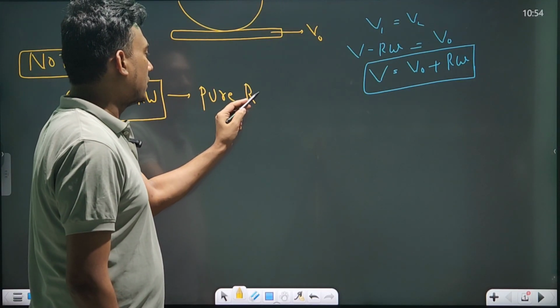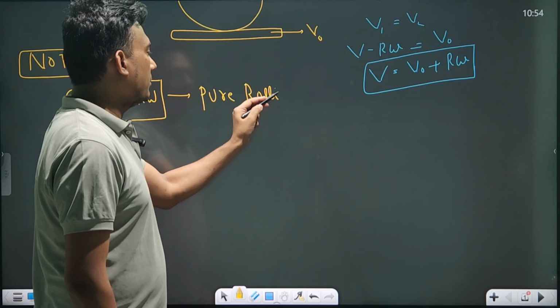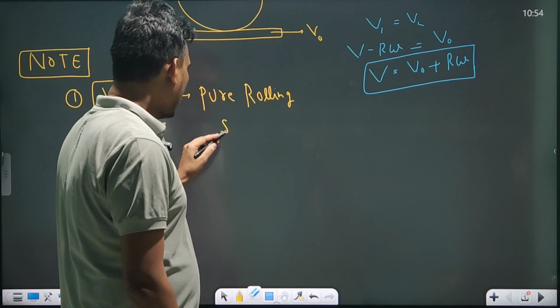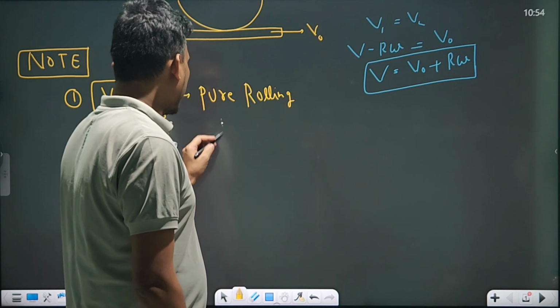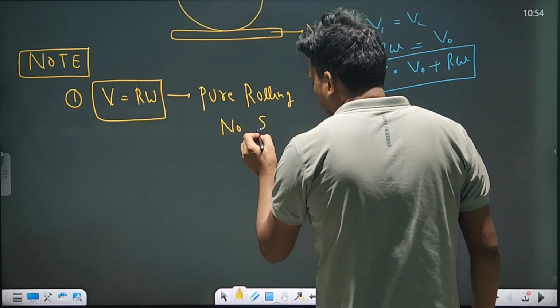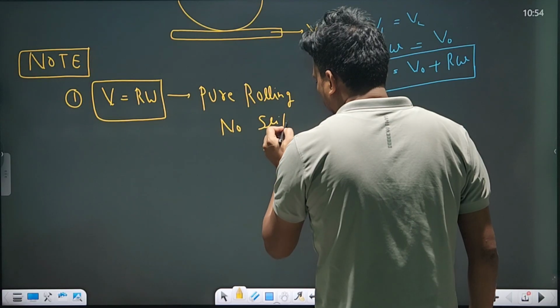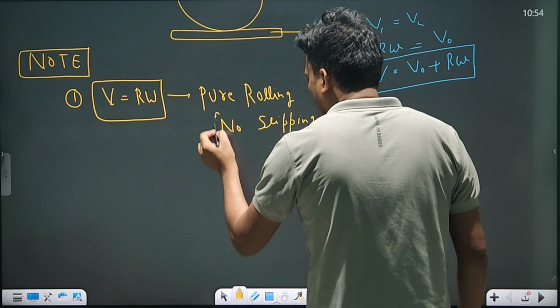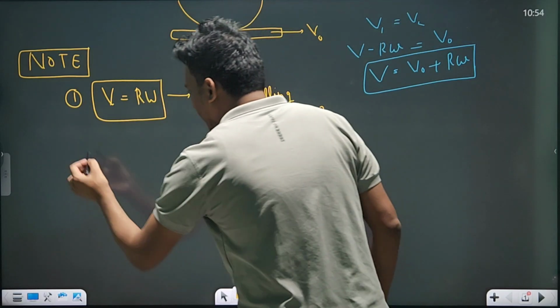Pure rolling means no slipping. Okay. For a no slipping condition, V equal to R omega.